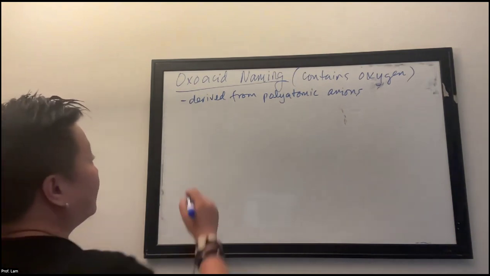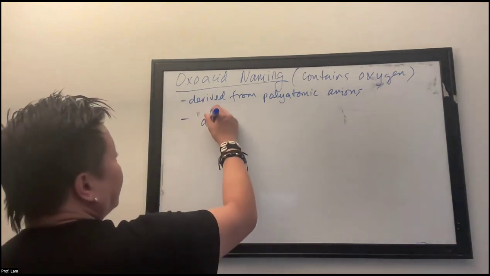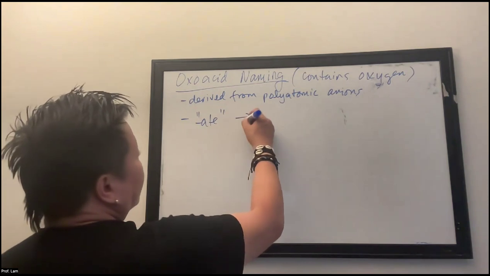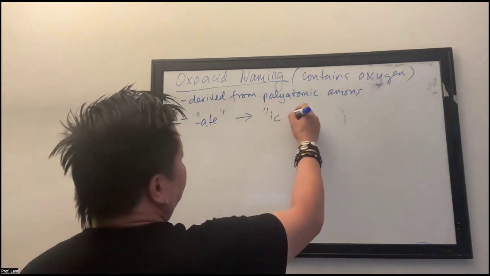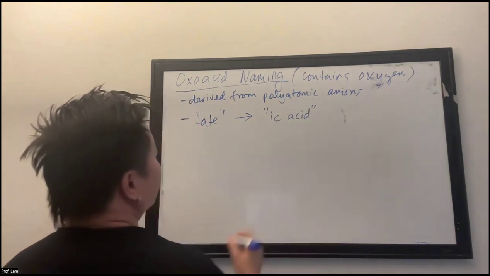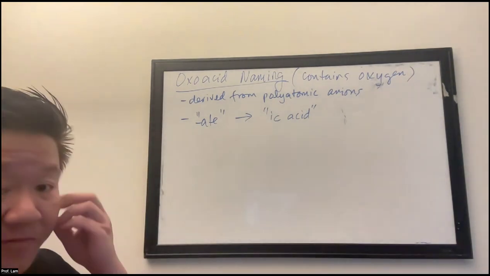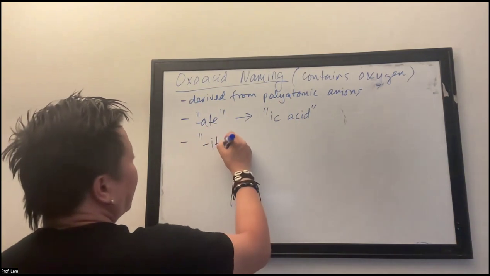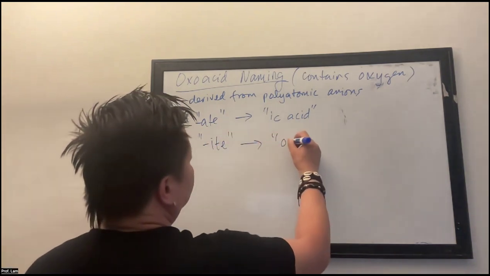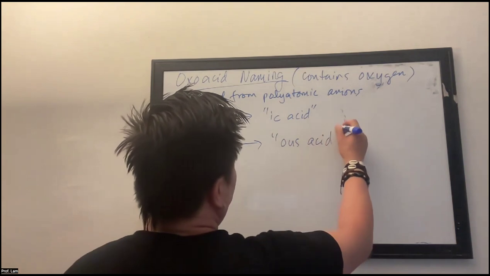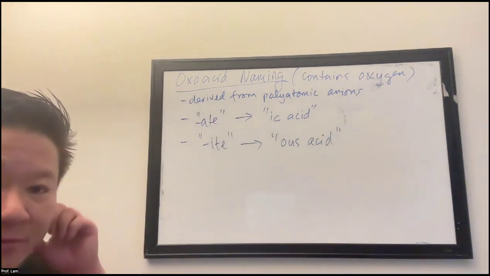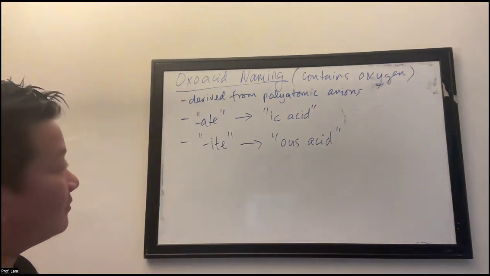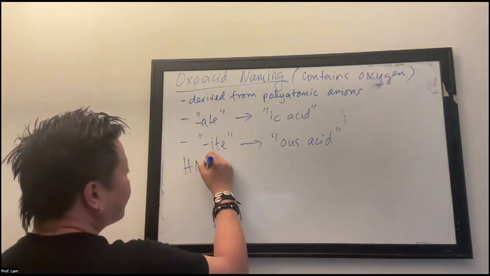"Ate" will turn into ic acid. It's the ending of the polyatomic. "Ite" turns into ous acid.